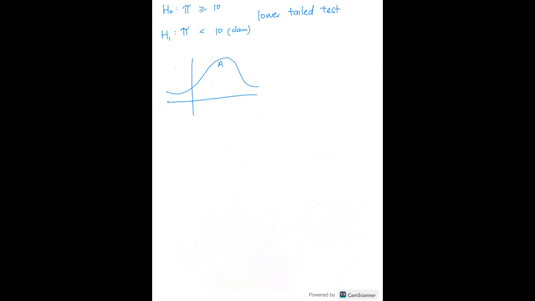Your rejection region is everything less than it. So now we need to know how do we get to that value, that critical limit, and then how we write it out. So here we need to know the type of test as well and your significance level.